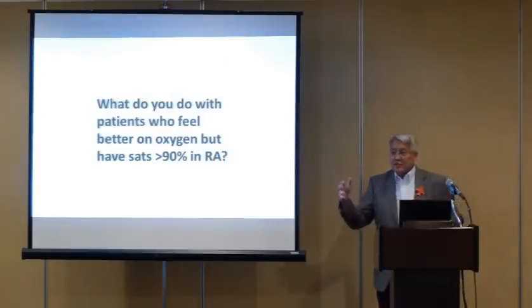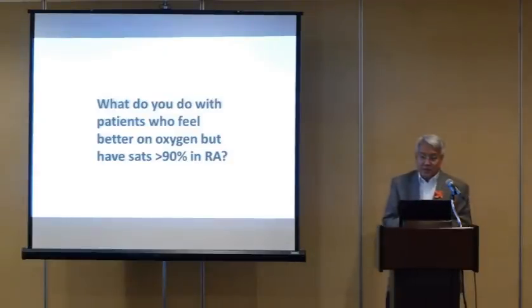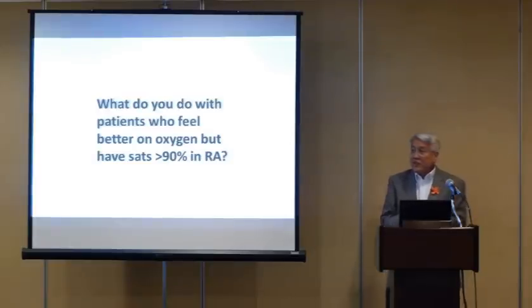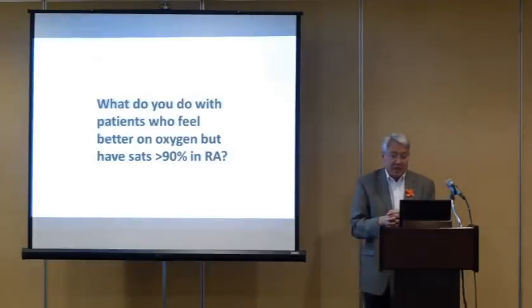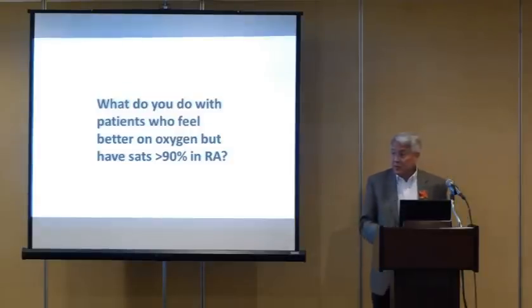And then there's this situation, which people have come up to me at this meeting and asked about: what do you do when patients feel better on oxygen, but have sats that we would consider acceptable? There are patients like that.